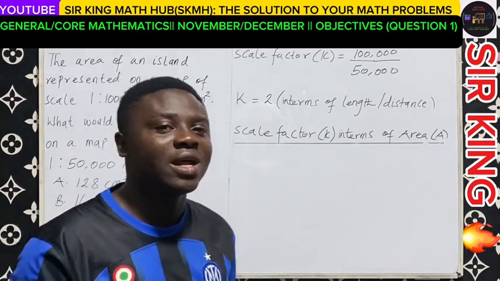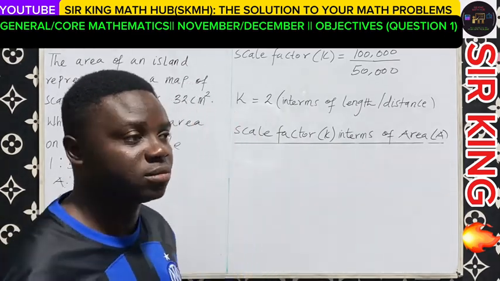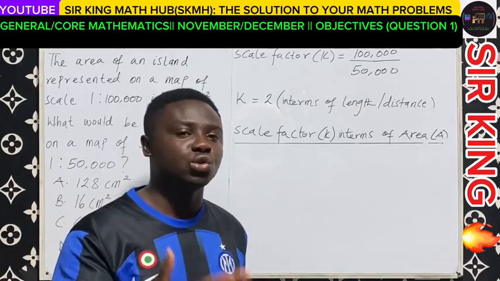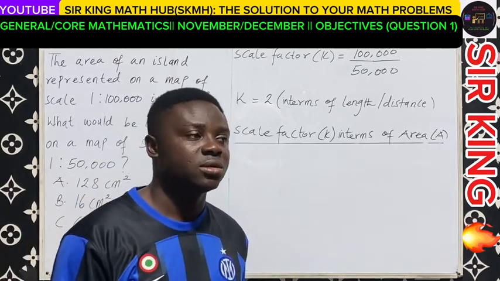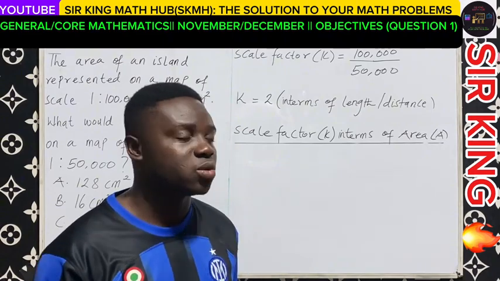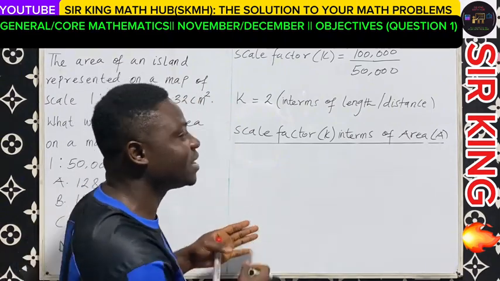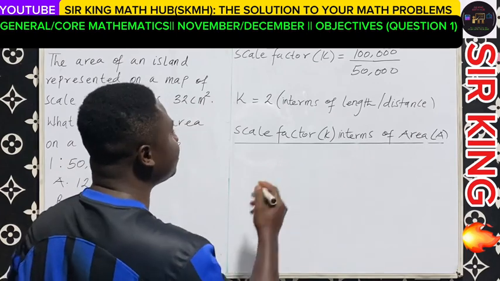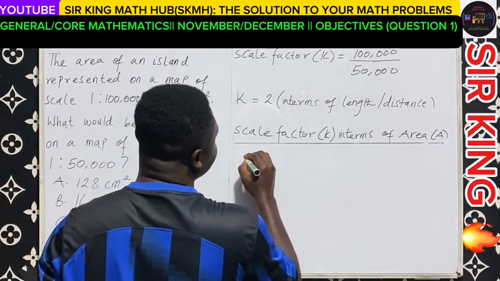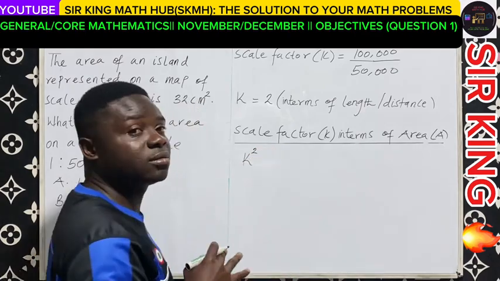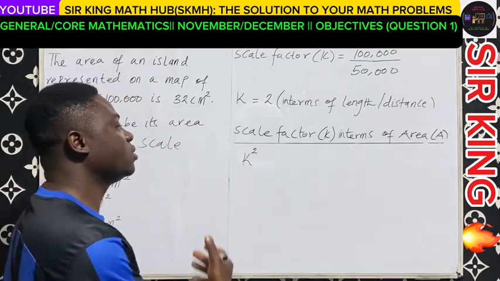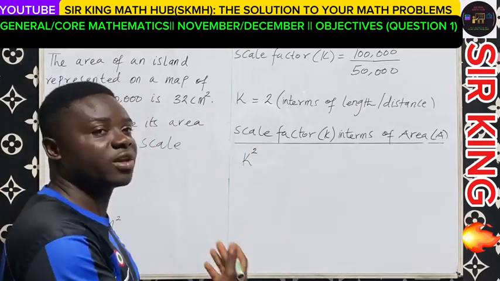Now, we know that area is 2-dimensional. Take note, area is 2-dimensional. That's the reason why it is measured in terms of square units. So in terms of area, the scale factor will be the squared of k.